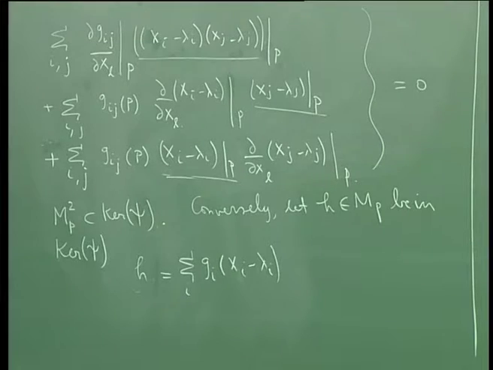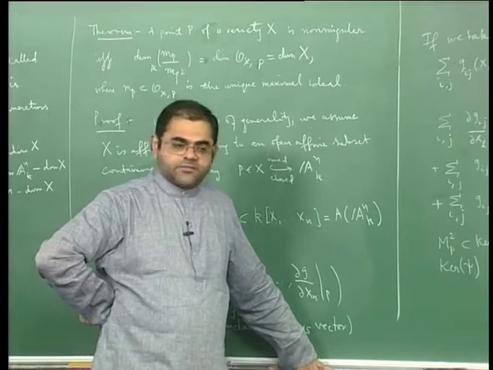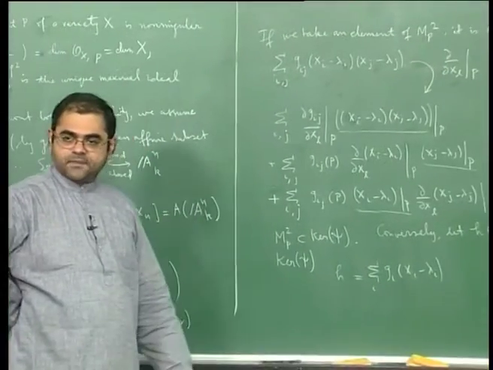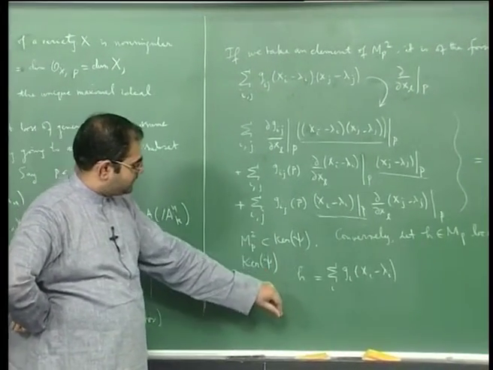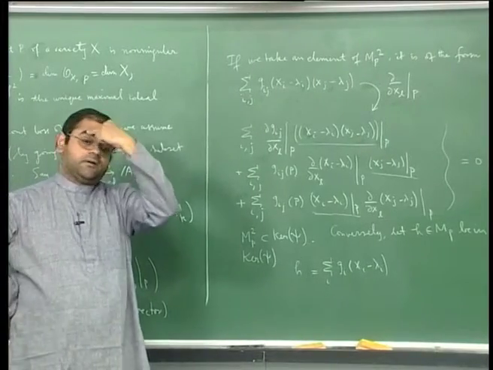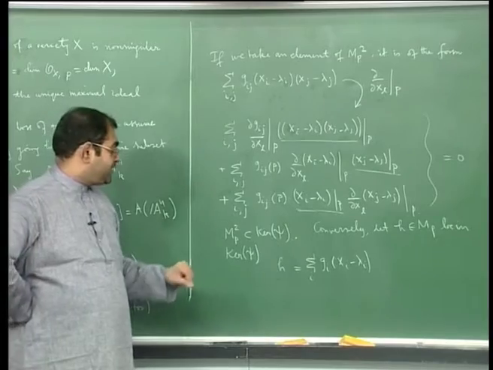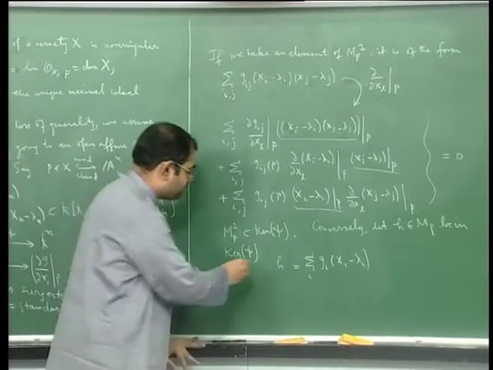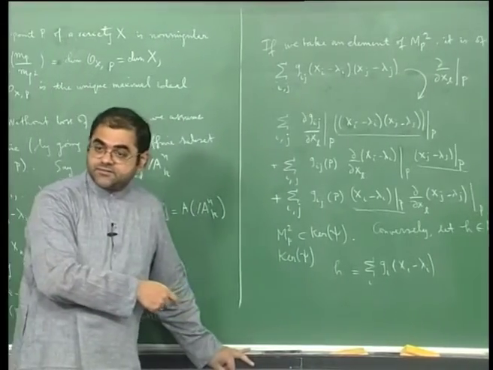This is how an element of the maximal ideal looks: a combination of the generators xi minus lambda i multiplied by polynomial coefficients. The gi's are polynomial coefficients. This is gi and that was gij, they are different things. So H looks like this, and I have taken H to be in the kernel of psi, so psi of H is 0.